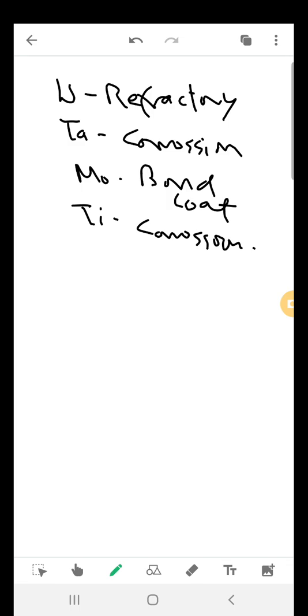Then we have some alloys called MCrAlY, where M can be nickel, cobalt, or iron.